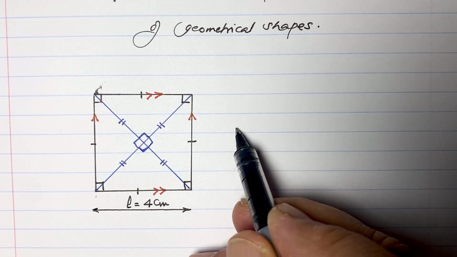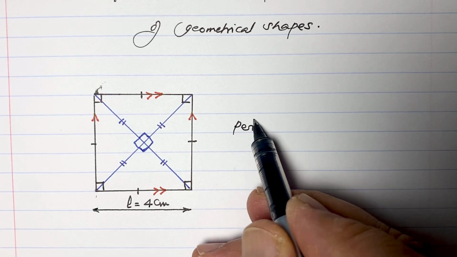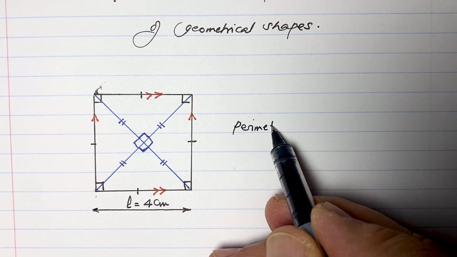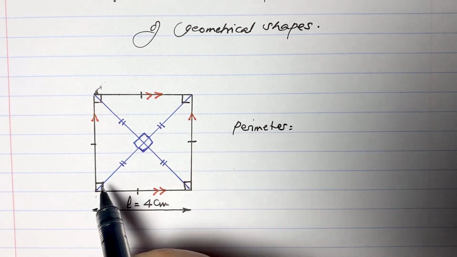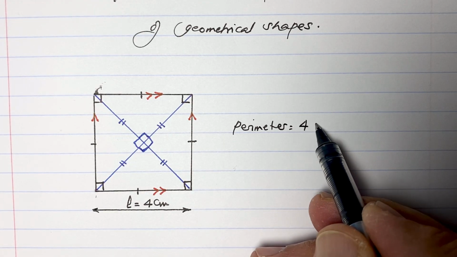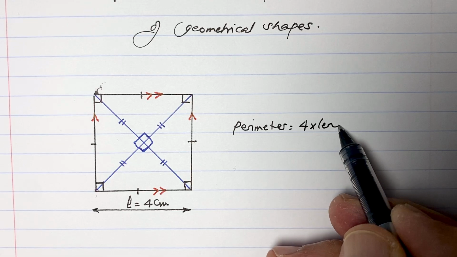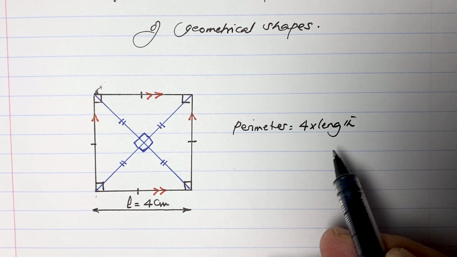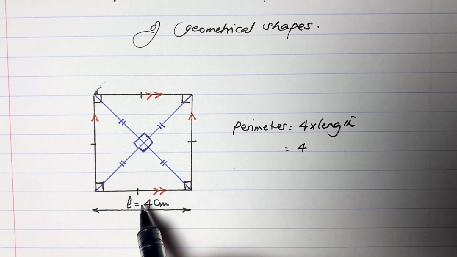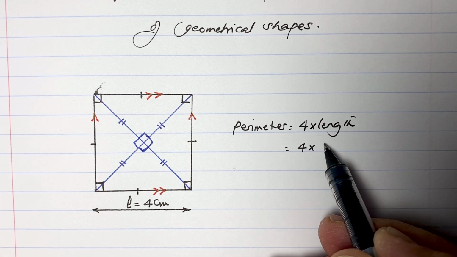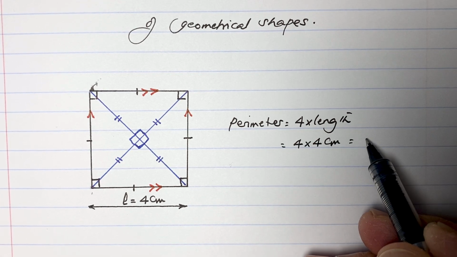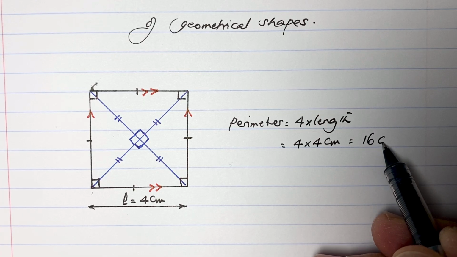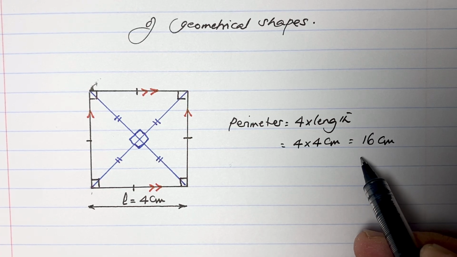The perimeter is 4 plus 4 plus 4 plus 4, which is 4 times the length. I use the length as 4 centimeters, so the perimeter in this case would be 16 centimeters.